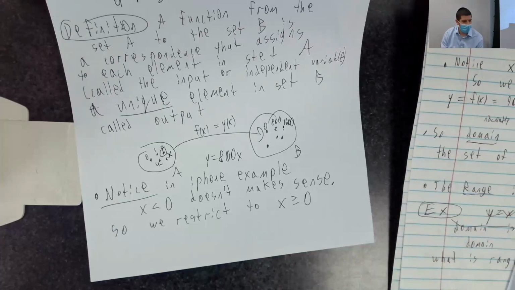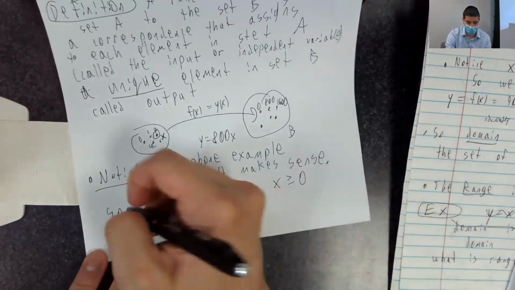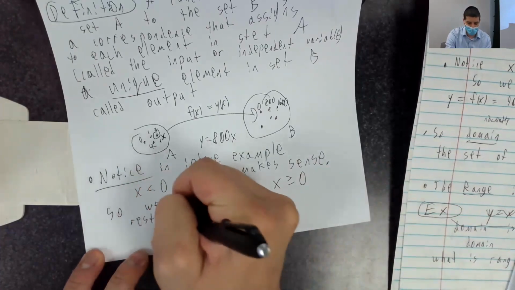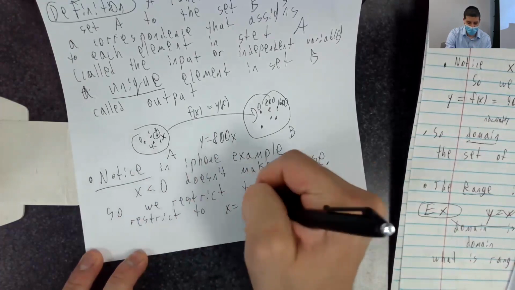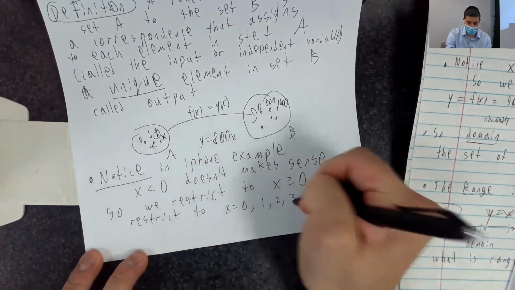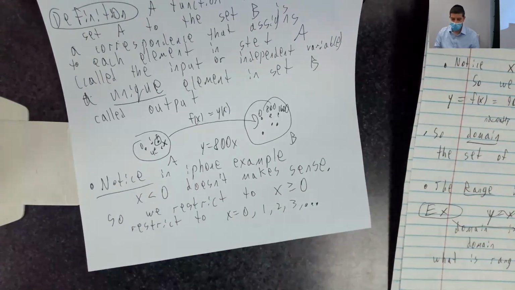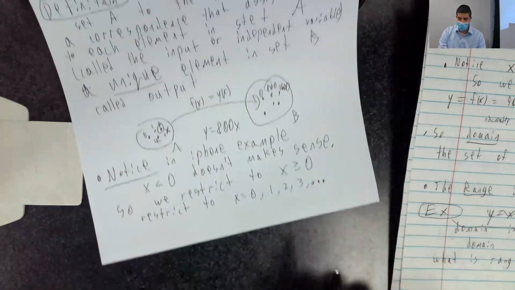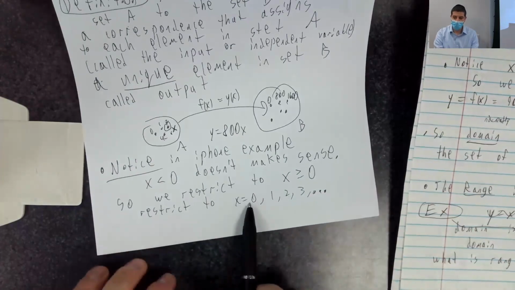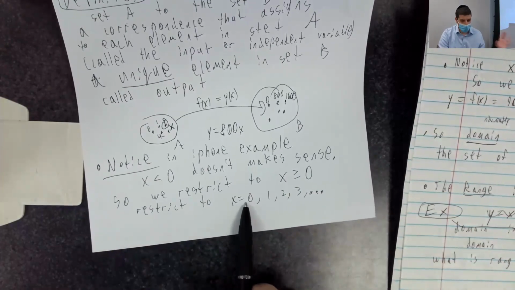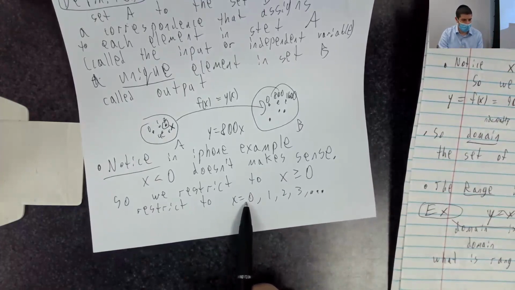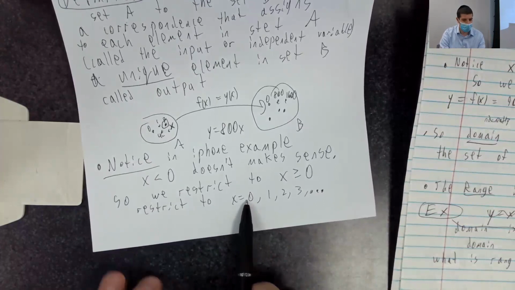Should we allow half iPhones? No, that's a little bit weird. So we could restrict further, to X equals 0, 1, 2, 3, etc. Now that we've assessed the situation, the only inputs we're going to allow here are 0, 1, 2, 3. And if we allow pre-orders, we'll allow even negative numbers.